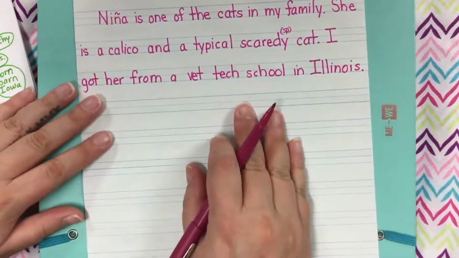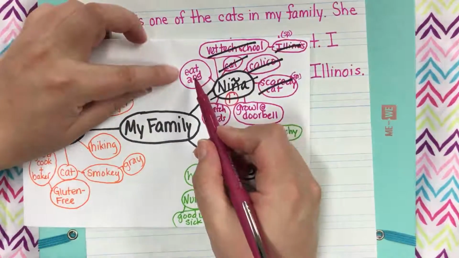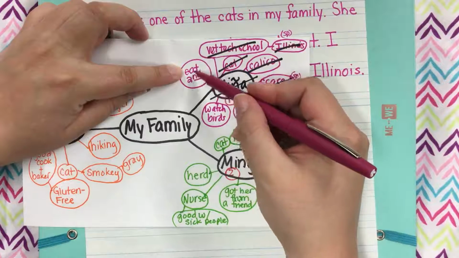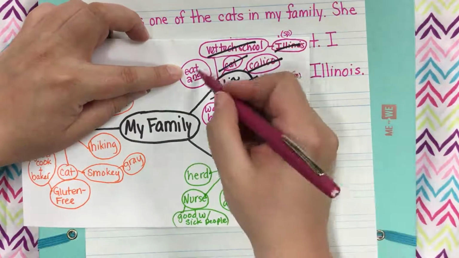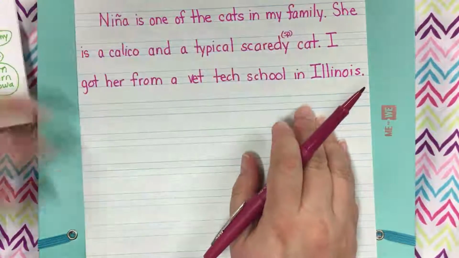So I'm going to continue my story about Nina. And I'm going to save the eat second for probably my last line, because that's going to be a good transition to be like, well, second after who? It's going to be after Ming. So I will add that at the very end. So I'm going to focus on the watching the birds and the growl at the doorbell.